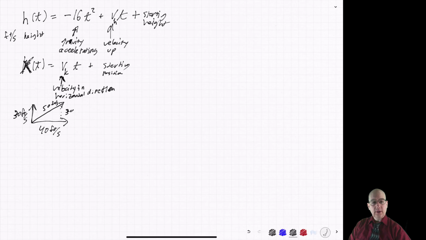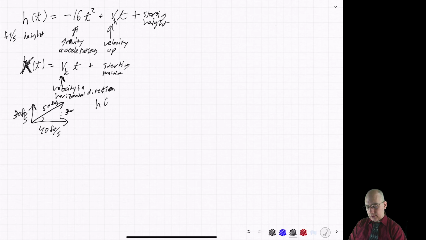So this is saying that I had this angle, whatever that angle is, and I launched it in such a way that it was going 50 feet per second in that direction. And then that decomposed, because of this angle, to 40 feet per second to the right and 30 feet per second upwards.